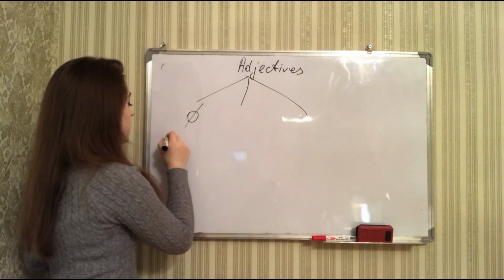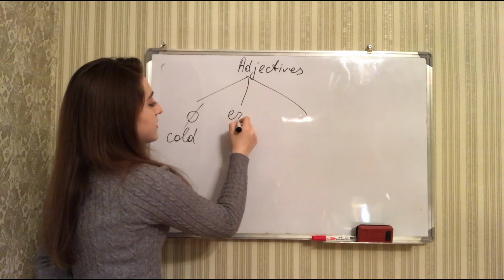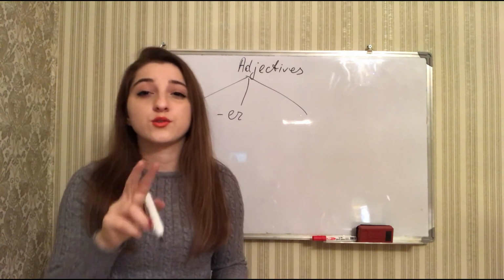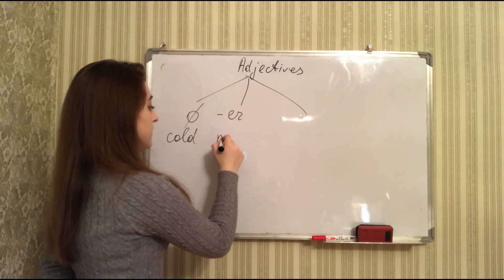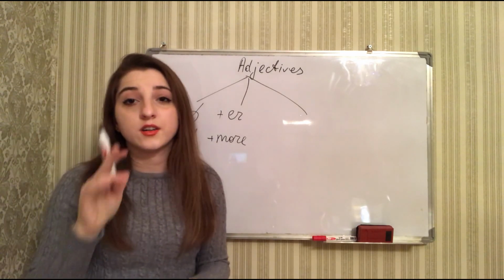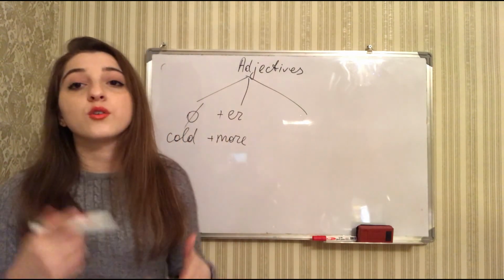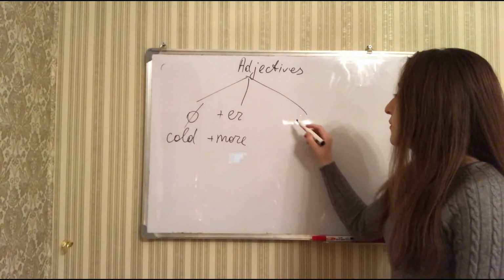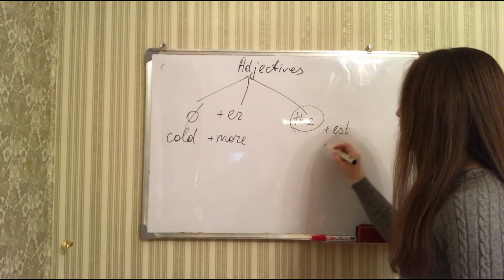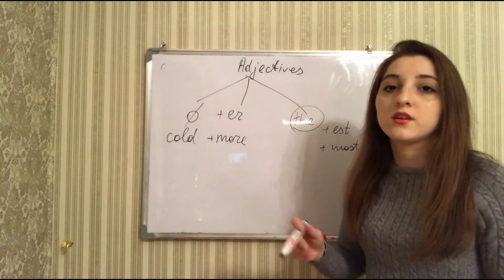For example, cold. In comparative degree, we add the er suffix to the end of short words which have 1 or 2 syllables. And we add more at the beginning of words which have 2 or more syllables. For example, beautiful, more beautiful, but cold, colder. And in superlative degree, we use the article, of course, and after that we use est and most, for short adjectives and for long adjectives.